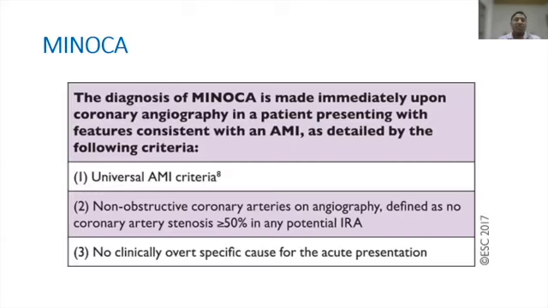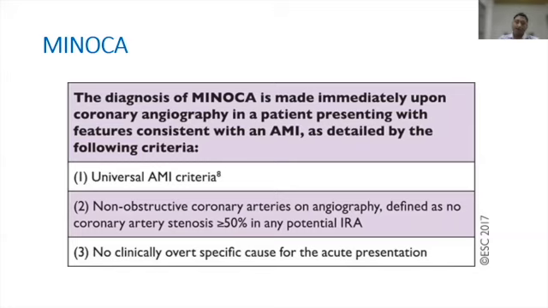And I thought to mention this also because there's a new entity, myocardial infarction with non-obstructive coronary arteries. We may come across patients who have typical chest pain, the ECG might show ST elevation MI, and we take them to the lab and do the angiogram, and we won't see obstructive coronary artery disease.